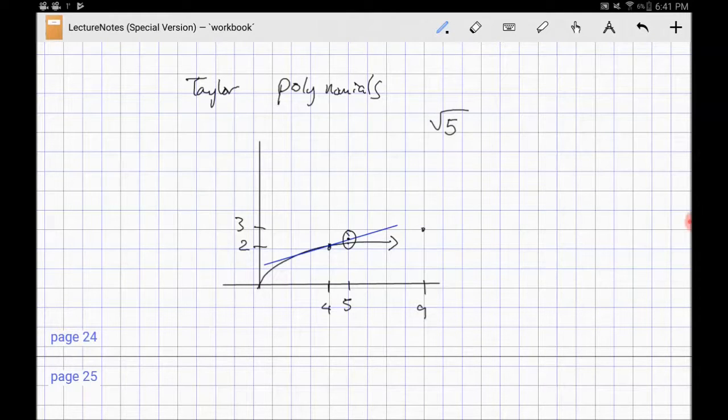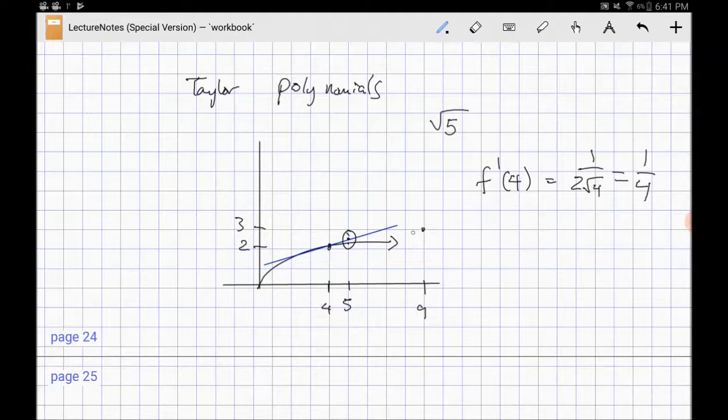So to find the equation of any line, we need the slope. So the slope at this tangent would be the derivative of this function at this point. So f prime of 4, the derivative of the function, is 1 over 2 square root of x, so at 4 this is 1 over 4.